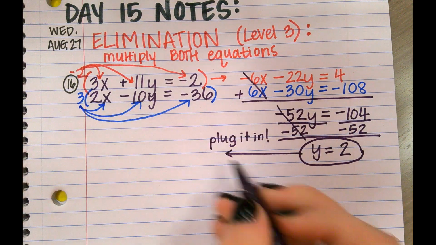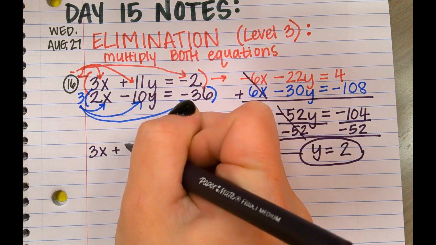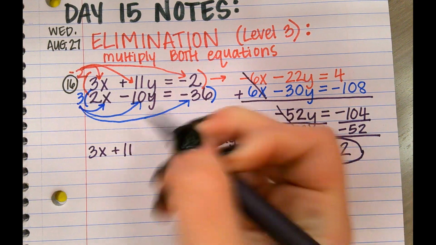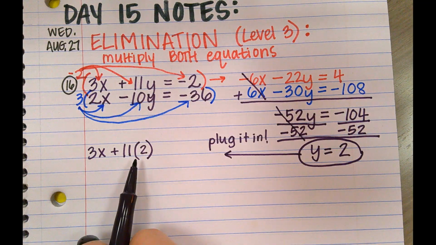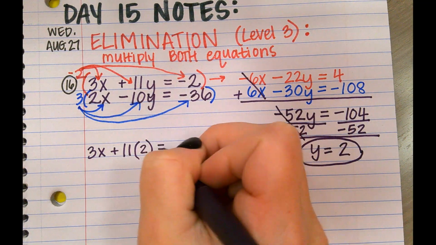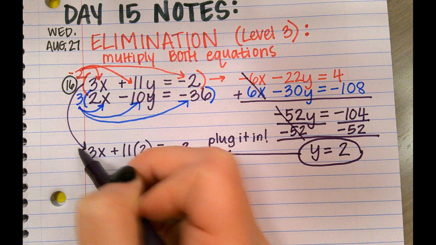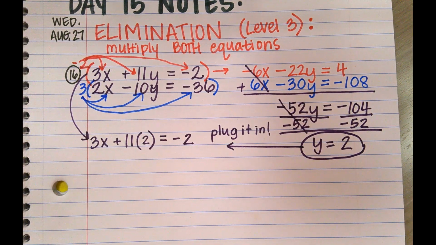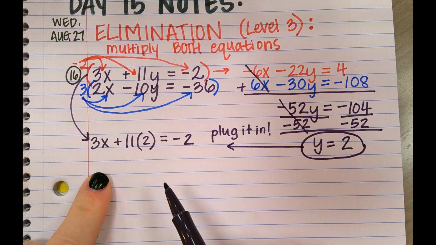So I'm going to write that top equation, 3x plus 11, and instead of y, I'm going to write 2 in parentheses, equals negative 2. Okay, we all see where we got to there? What do I do next?